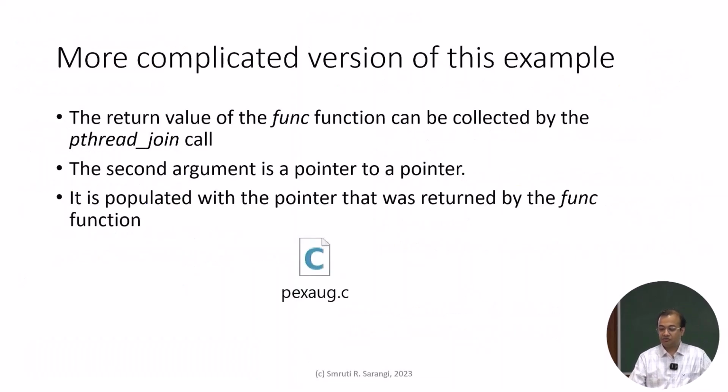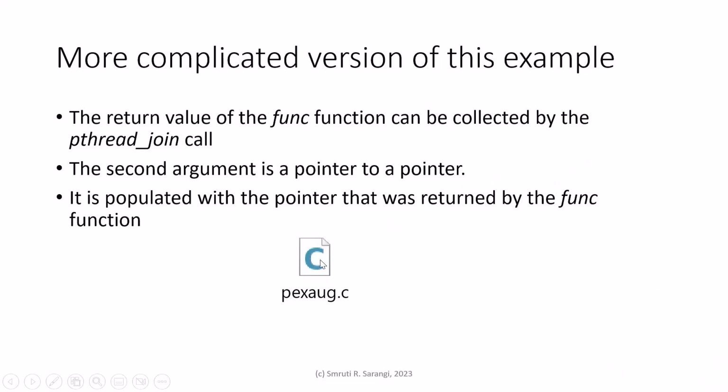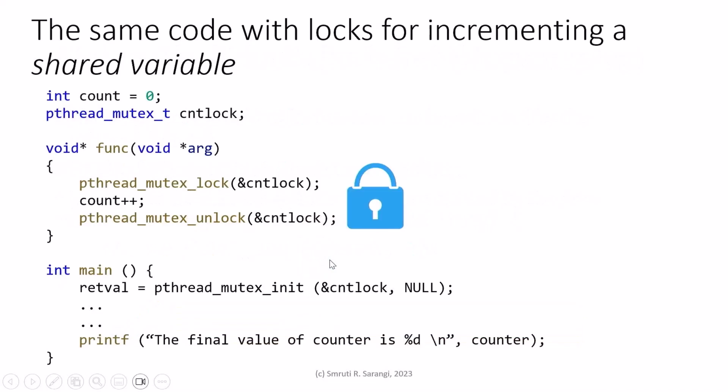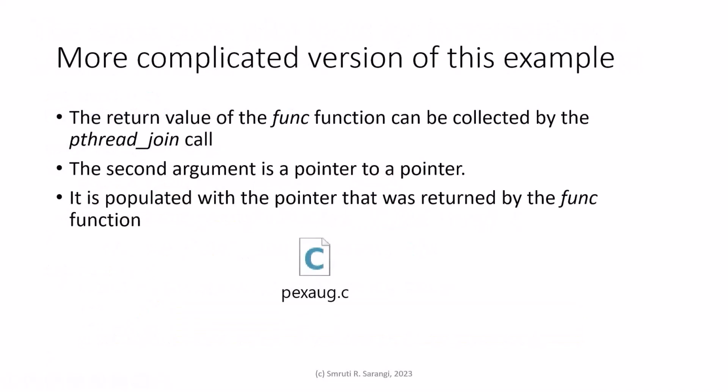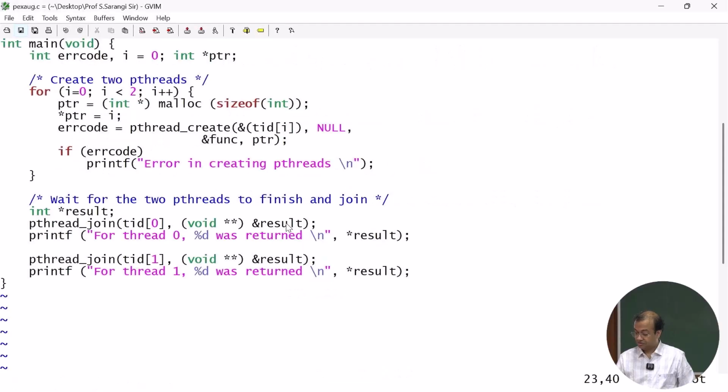So we can look at a more complicated version of this example. We'll now look at a slightly different version of the same example where you actually return a result. In the earlier case, we were not doing that.